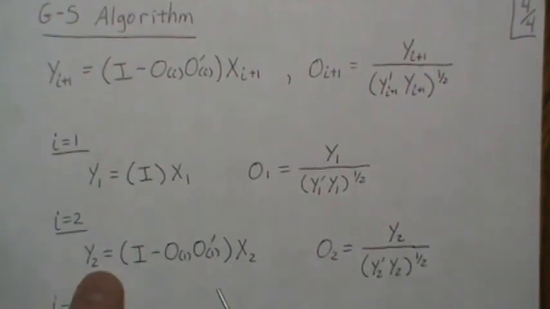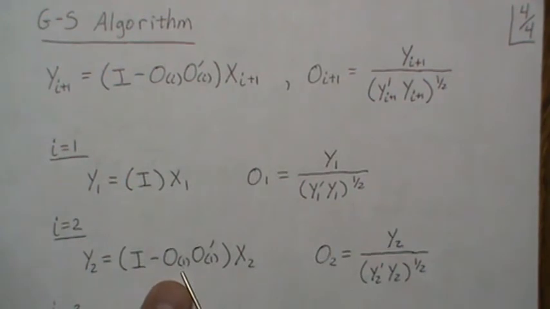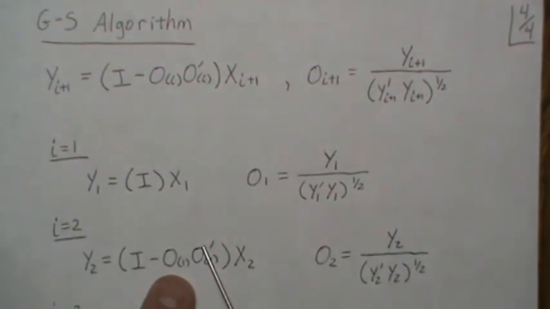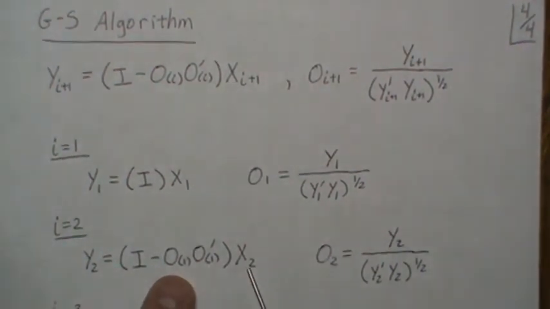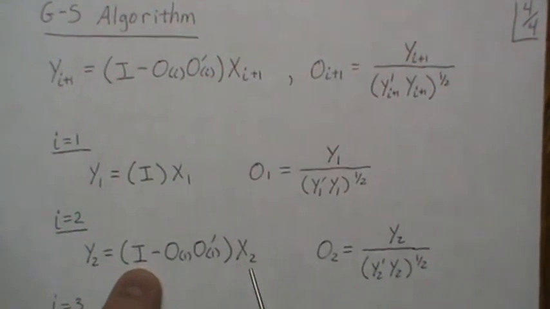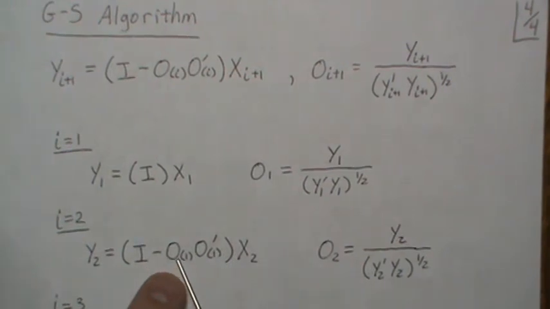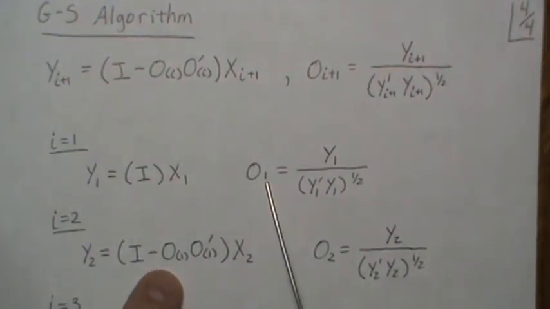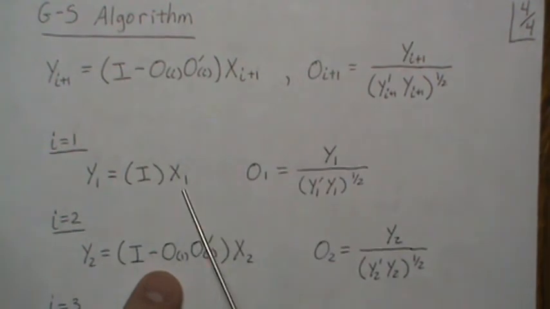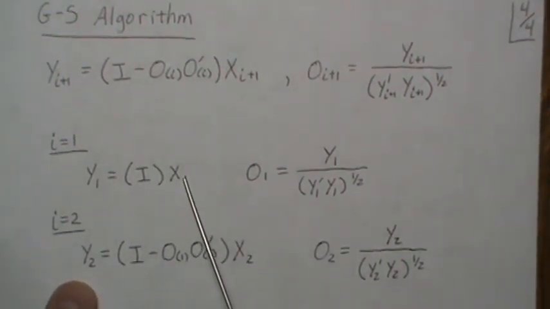Now at step 2, y2 is I minus the first column, times x2. Now notice though, this takes this vector and maps it to the orthogonal complement space of O1, which is x1. So then y2 becomes orthogonal to y1, right?